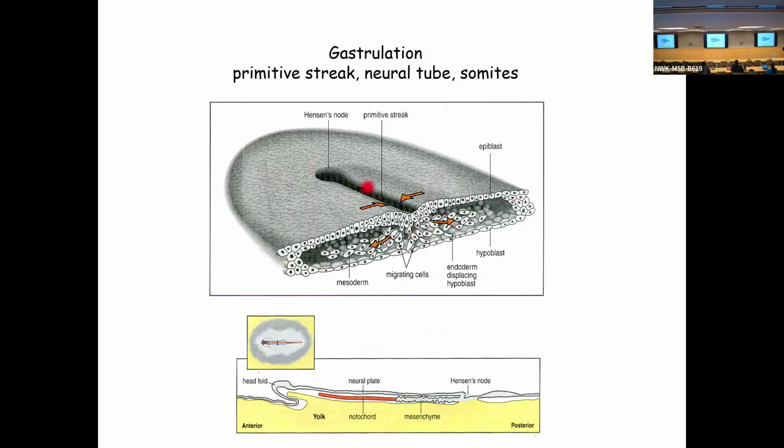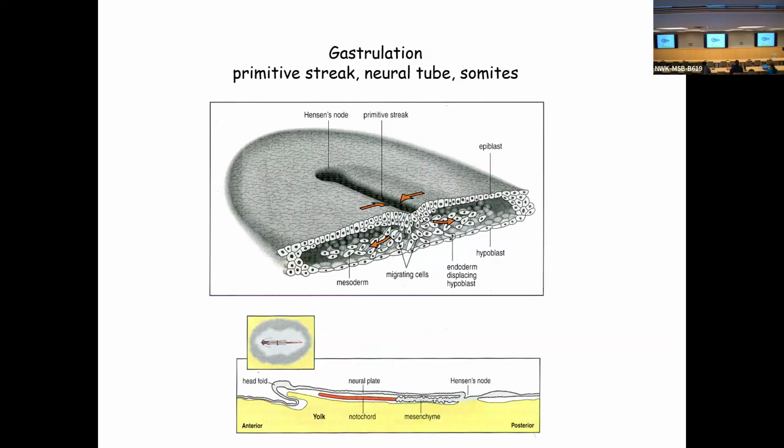So the process is through a streak called the primitive streak. And this is the streak. So during that process, there is a morphogenetic movement of ectodermal cells from the epiblast. You remember the epiblast, derived from the inner cell mass.